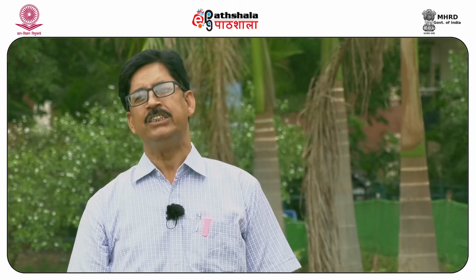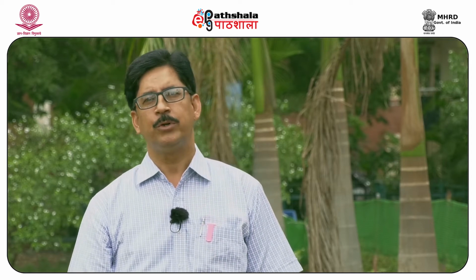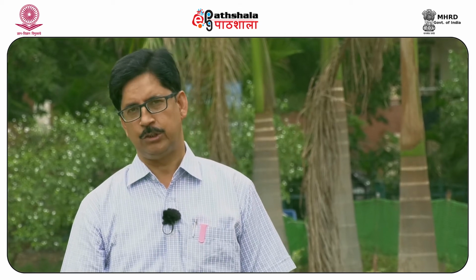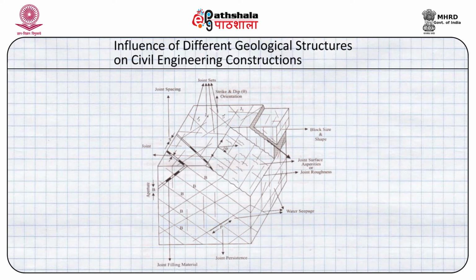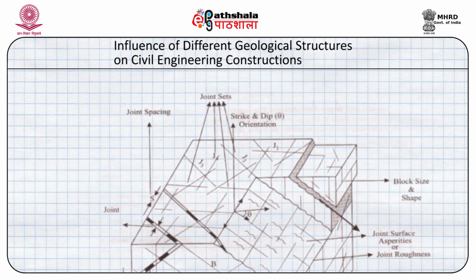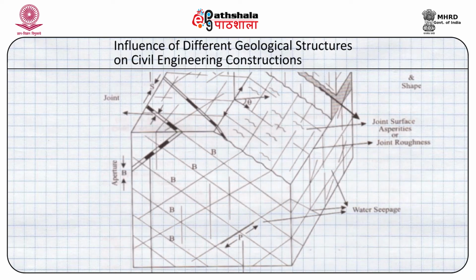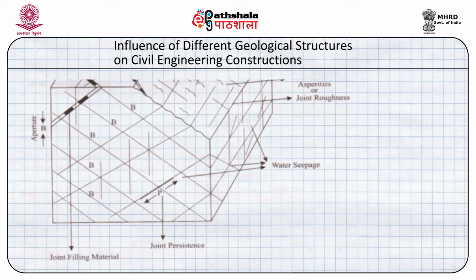Whatever engineering classifications of rock masses there are, they have incorporated different parameters of joints into them. For example, joint spacing, the distance between two fracture systems, the number of joint sets, the aperture or the opening along the fracture, the filling material in that fracture, the roughness of the joint surface, and the presence of groundwater along these joint planes.